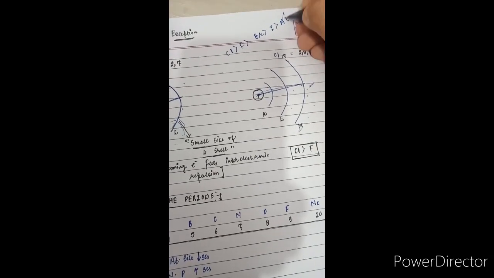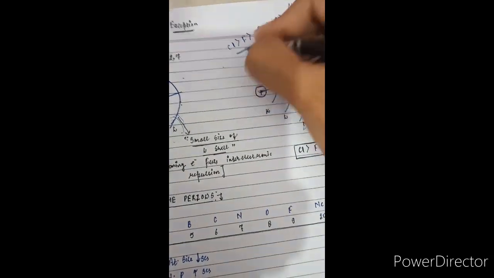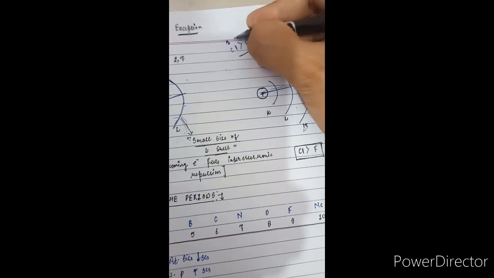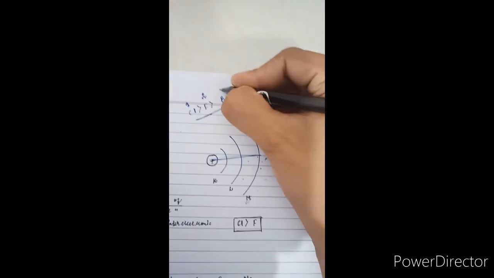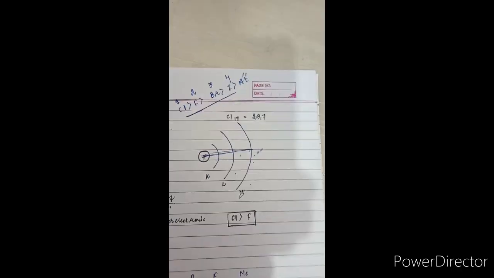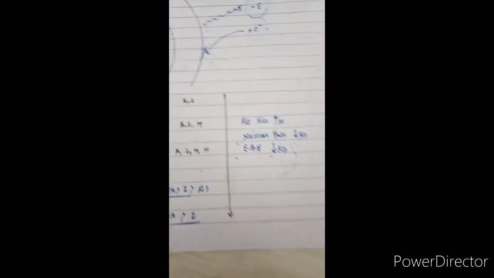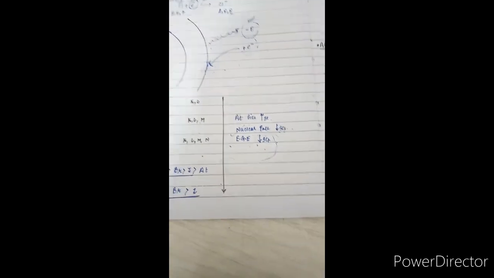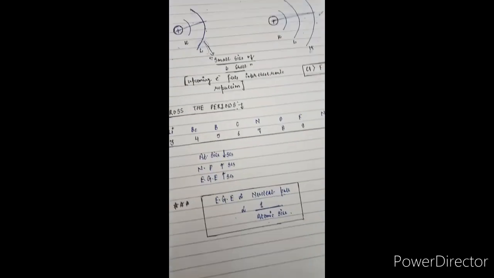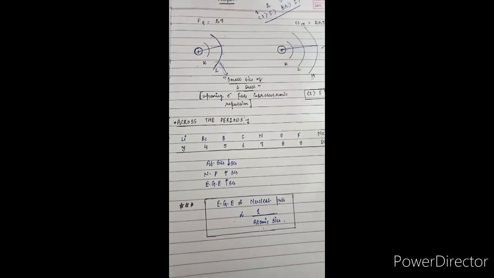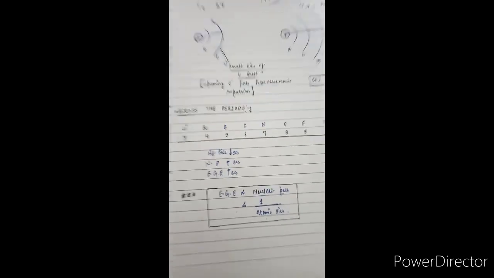astatine. We can ignore astatine, so these four are important. First chlorine, second fluorine, third bromine, and fourth iodine. By the same concept, from top to bottom electron gain enthalpy decreases because nuclear pull decreases. And if we discuss a period, it is very simple.